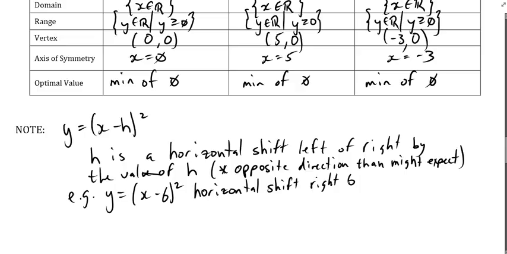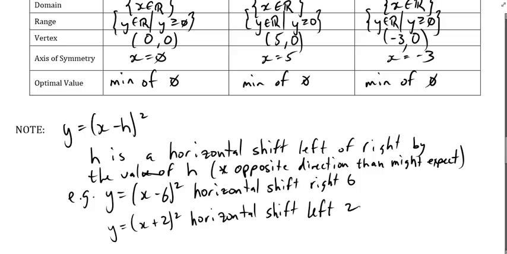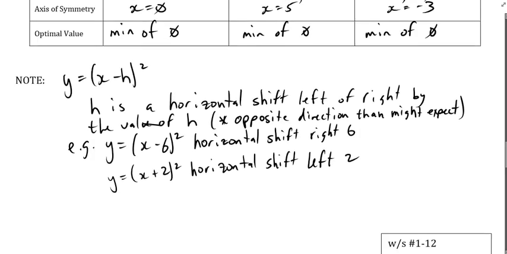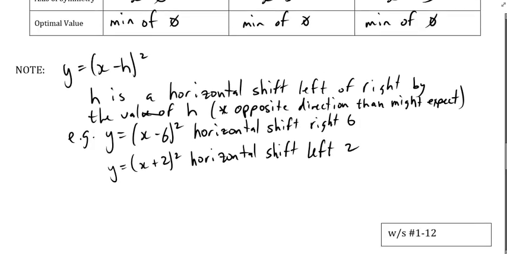Notice how I said all four things again? y equals (x plus 2) squared is a horizontal shift left 2. Any questions about that?